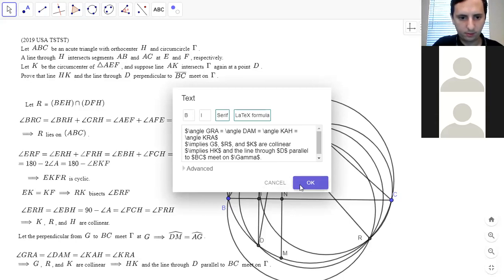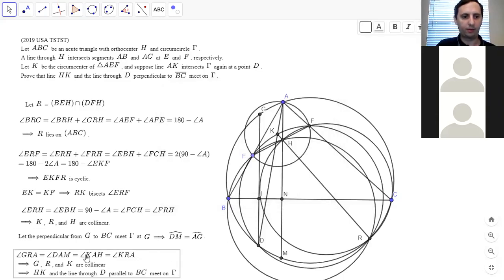There we go. Okay, so I want to show that KAH is similar to AKR, and that's true because KA squared is KE squared. So we need to show KE and KF are tangent to the circumcircles of BEHR.